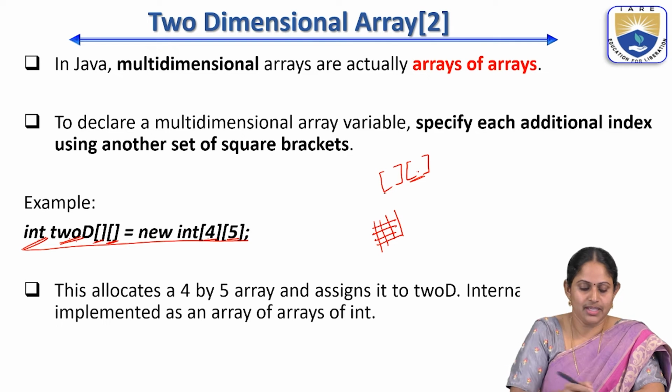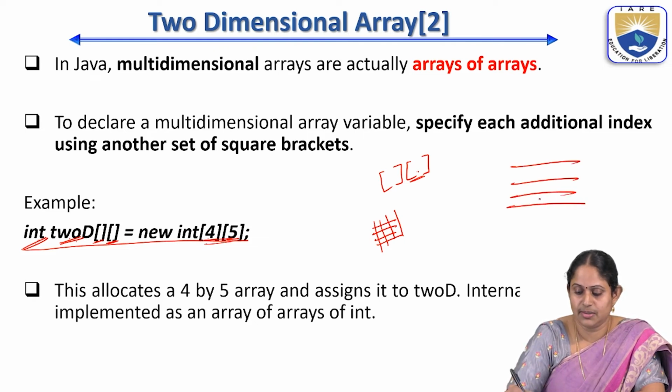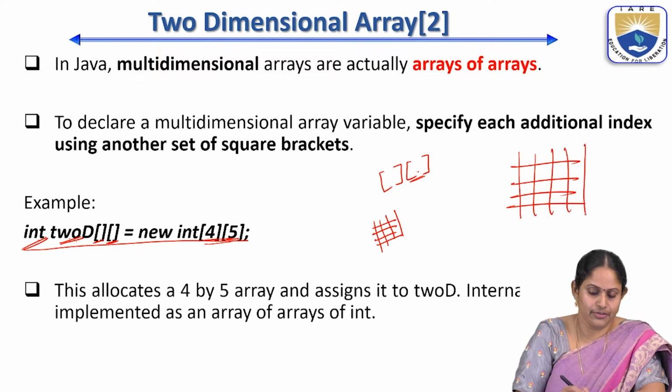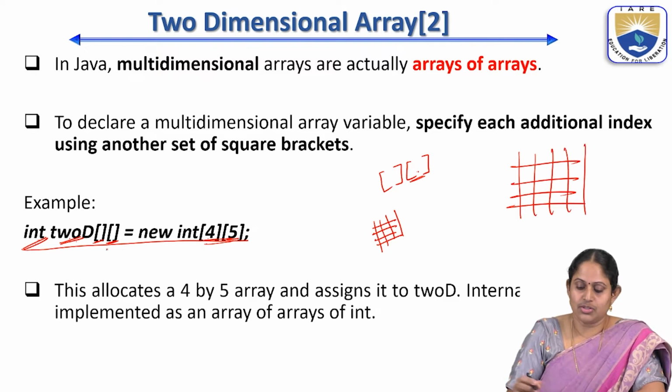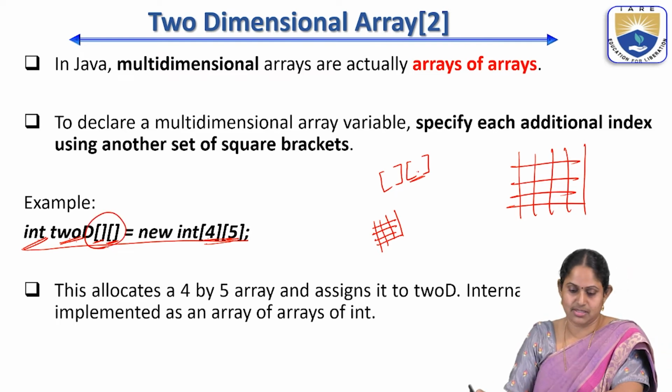So here we are creating an array of two dimensions which contains 4 rows and 5 columns. To define a two-dimensional array, we should use two sets of square brackets.